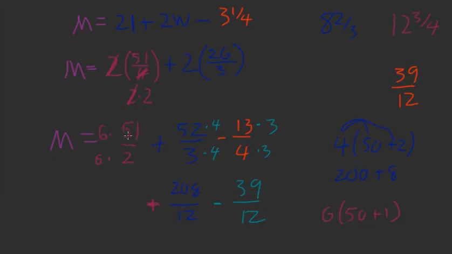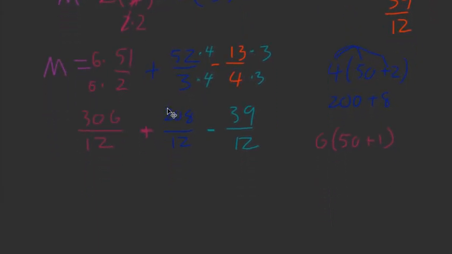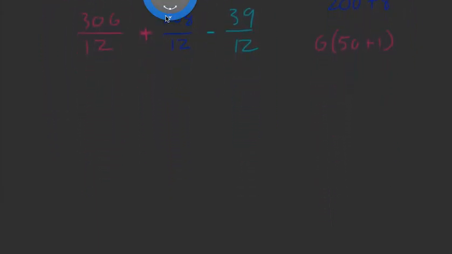So 6 times 50 is 300 plus 6, okay? Turns into 306 over 12, like so. All right, we got to speed things up because this video is getting quite long. So let's speed things up. Let's move this up a bit, make some more room. Okay, here we go.